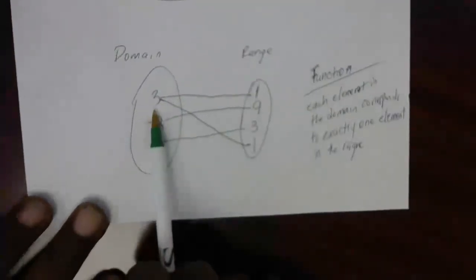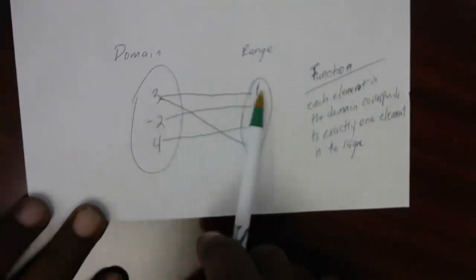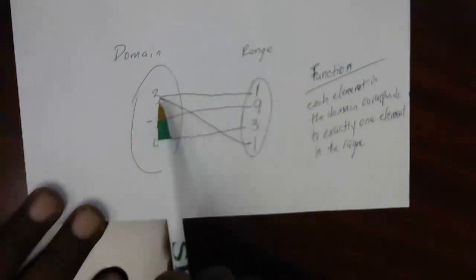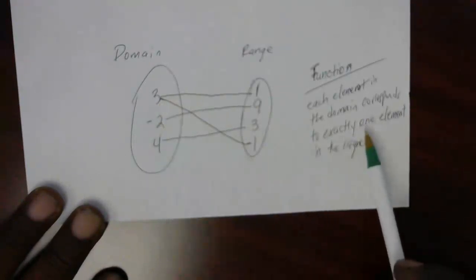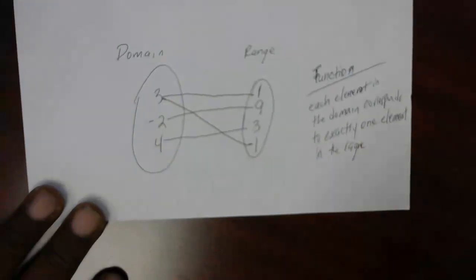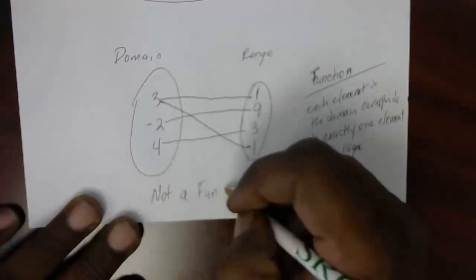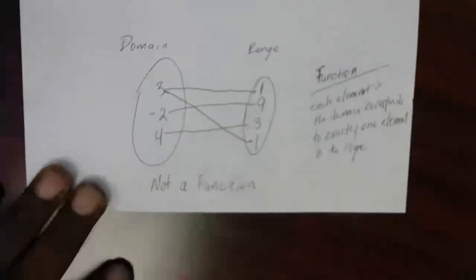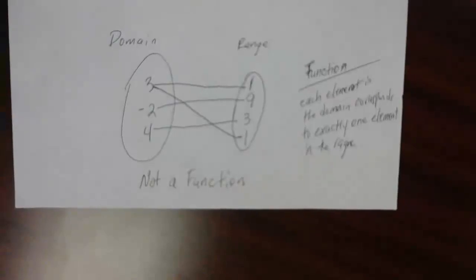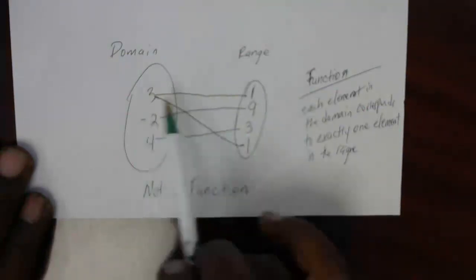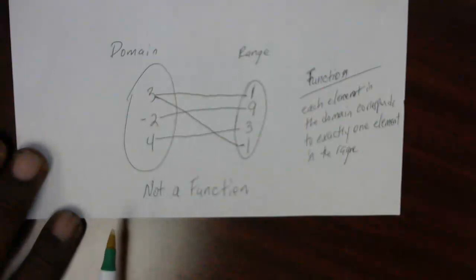But keep in mind that 3 corresponds to more than one element in the range. So based on the fact that 3 corresponds to more than exactly one element in the range, this is not a function, simply because we have 3, which maps to 2 items, which makes it not a function.